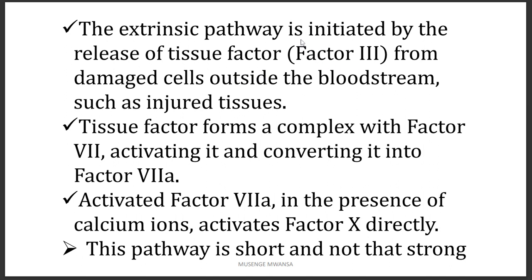Remember, the tissue has been first hit. Factor 3, which is the tissue factor, just very simple, just as it says, is going to be released from the damaged cell into the blood system. When this tissue factor has been released into the blood system, that is going to be a sign to the platelets to say there is something wrong somewhere.